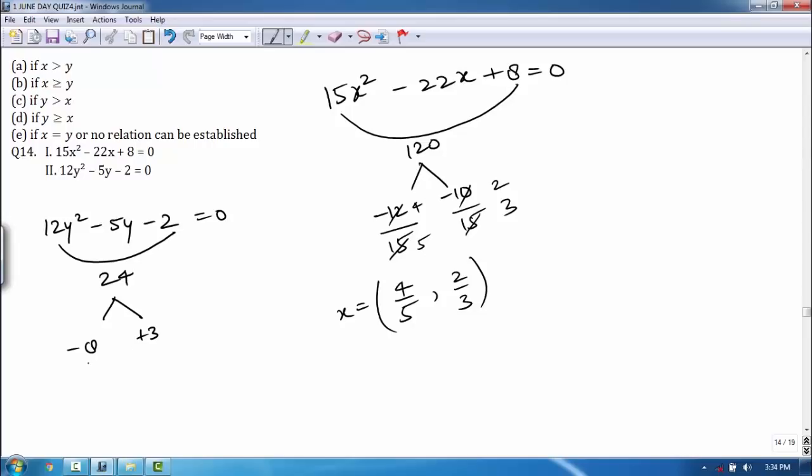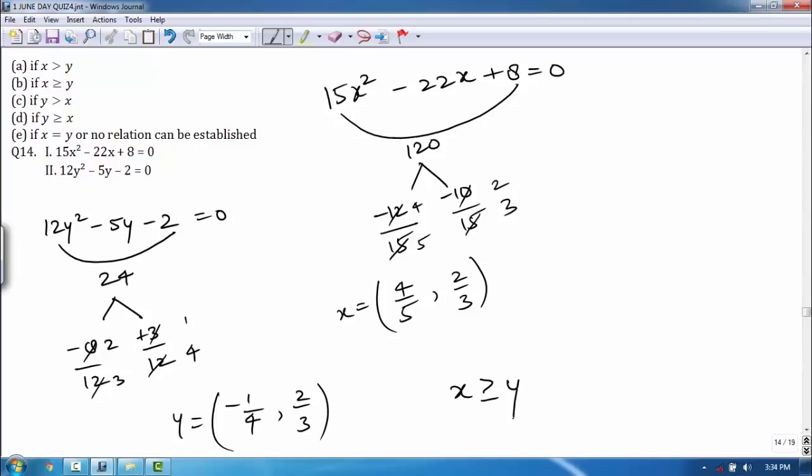So we will divide these two numbers by 12, because that is the coefficient of y square. And we get the roots to be minus 1 by 4 and 2 by 3 on changing the signs. So from here we can conjecture that x is greater than or equal to y.